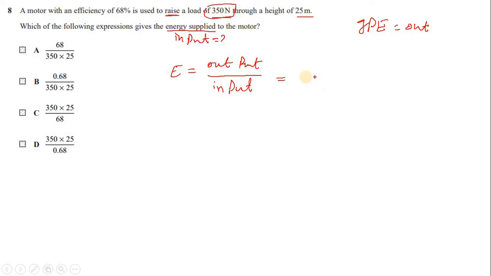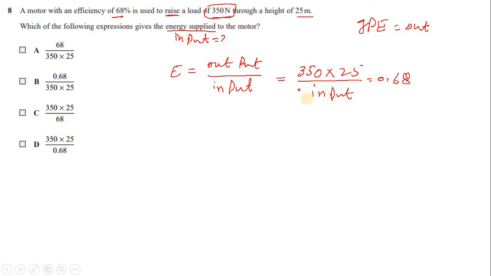So I don't need to write mg, it's just W. So 350 times h, and h is 25, divided by input, and equal to the efficiency, which is 0.68, and yes, it is 68%.